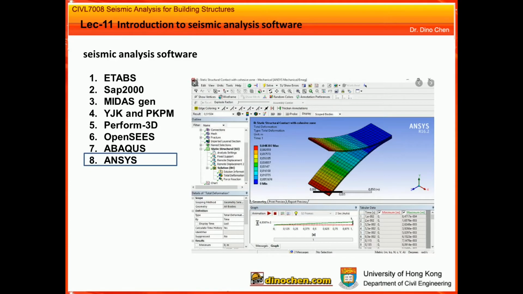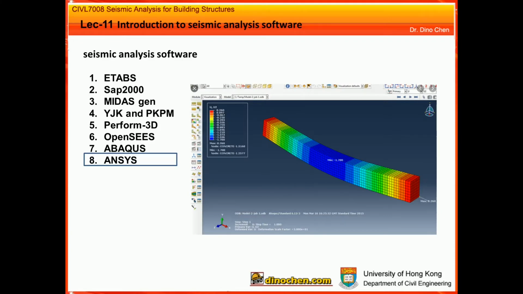It's just like Abaqus. Abaqus has developed much faster than ANSYS and is much more popular nowadays. Most researchers do what we call micro element analysis in concrete. Concrete structure, you know, because there is rebar inside.